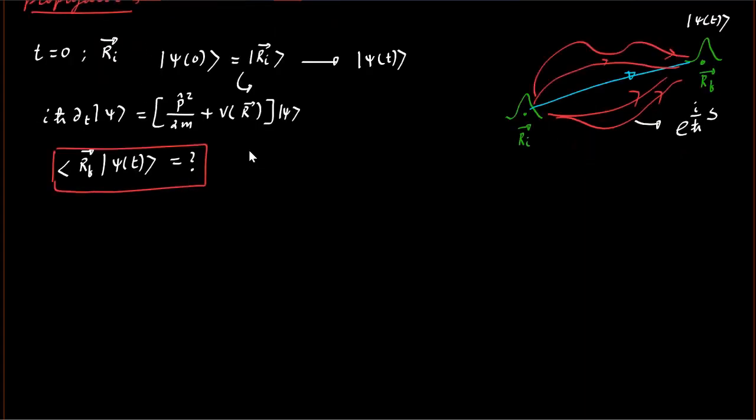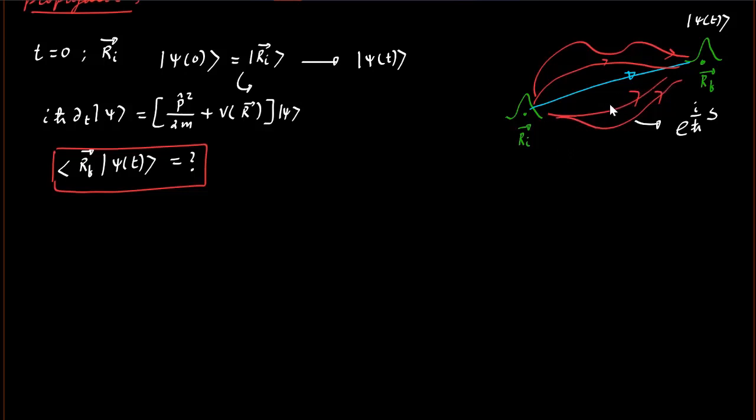Now again we ask how the particle will go from this initial point to the final point. In quantum mechanics, we can't predict the exact trajectory of the particle. As I have already said, all paths are allowed, and why are all paths allowed? It is because of the uncertainty principle. We cannot predict the exact path for this particle because we cannot have a particular path.